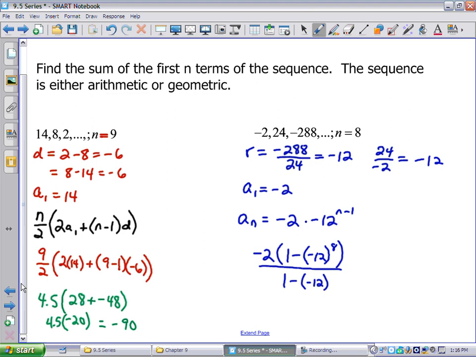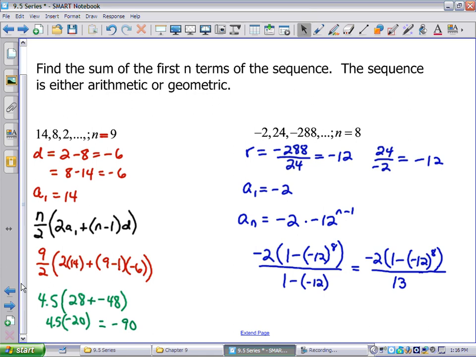If we clean this up just a little bit, the denominator, instead of 1 minus a negative 12, if you make it 1 plus 12, that becomes 13. The numerator, you still have your negative 2, and then on top, you still have to use the 1 minus negative 12 to the 8th power because your exponent comes first.